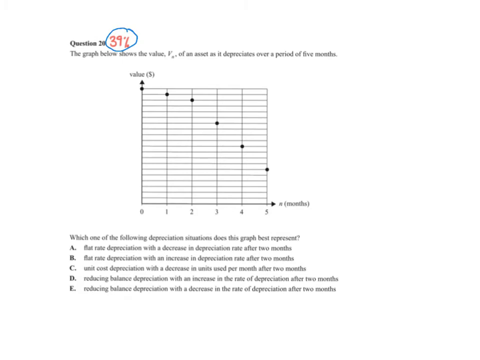Now, can you see down here, it's sort of saying flat rate, unit cost, reducing balance, and things like that, okay? So we would probably start thinking about, is it a straight line going down or is it curved? Because a straight line down will be flat rate or unit cost. And we'll do unit cost in a minute.